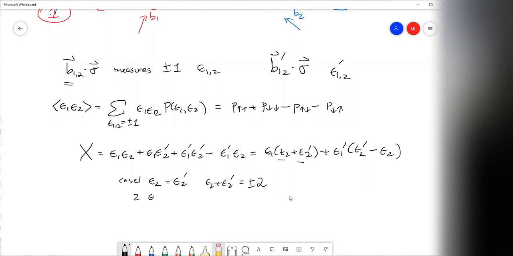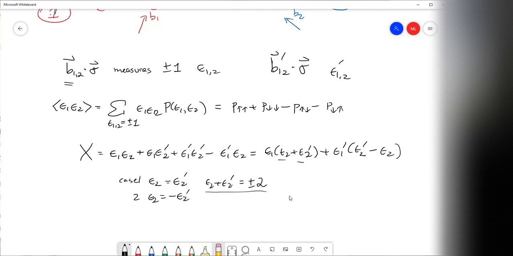In case 2, epsilon 2 is equal to minus epsilon 2 prime, right? That's when they're opposite directions. Those are the only two possibilities if everything's just plus or minus 1. Either they're both 1, they're both negative 1, or one's plus 1, the other one's negative 1. Those are the only options. So when they're both in the same direction, you get plus or minus 2.